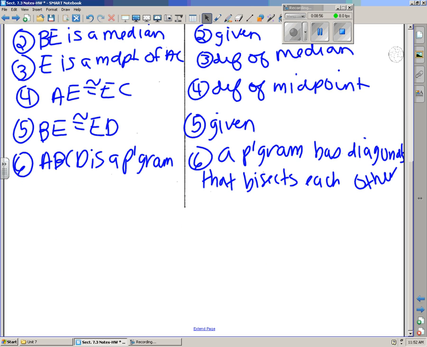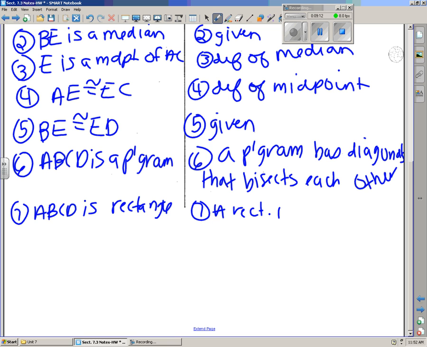You can figure that out. And the fact that we've got a parallelogram and we already had a right angle, we know for sure that ABCD is a rectangle. And the reason is a rectangle is a p-gram with one right angle.